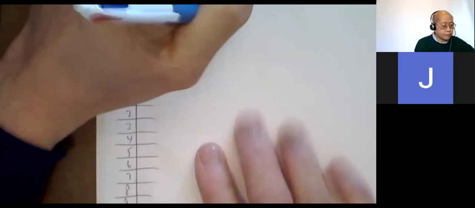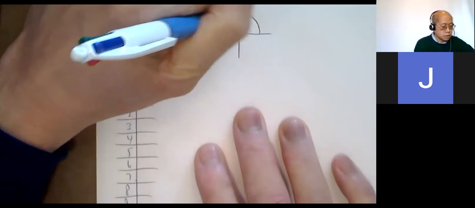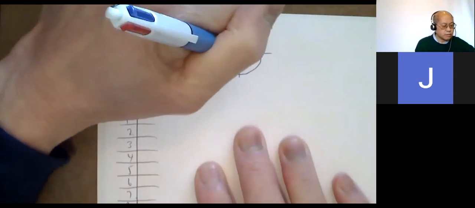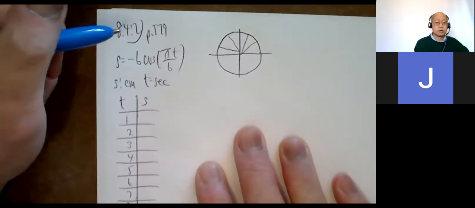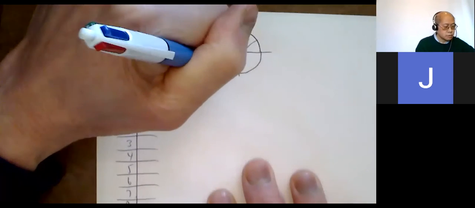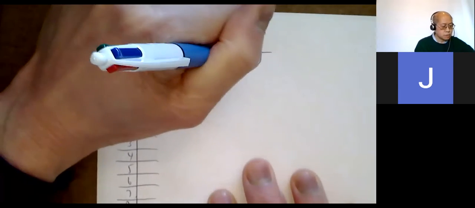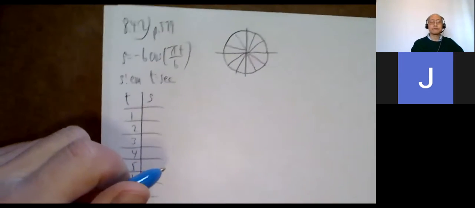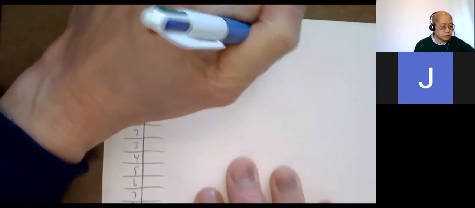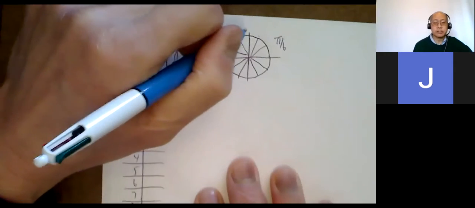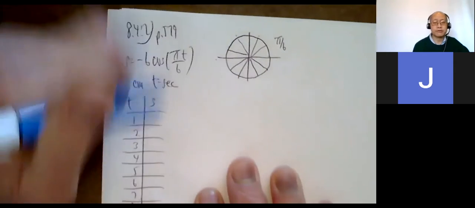And I may want to refer back to my unit circle, 30 degrees, 60 degrees, and so on. So this is pi over 6, 2 pi over 6, 3 pi over 6, 4, 5, 6 pi over 6, and so on.